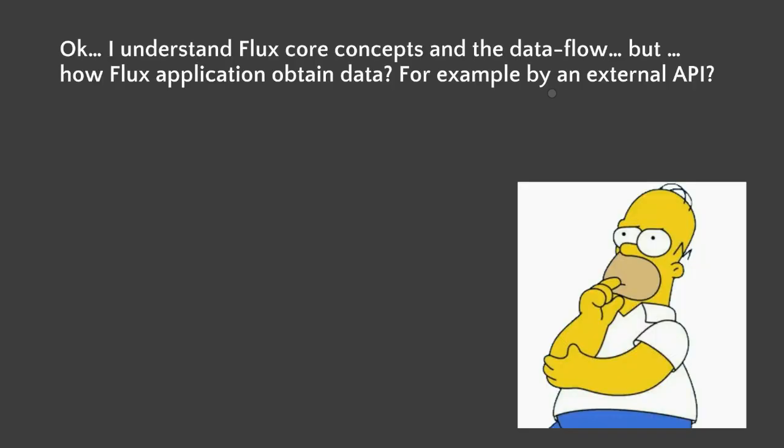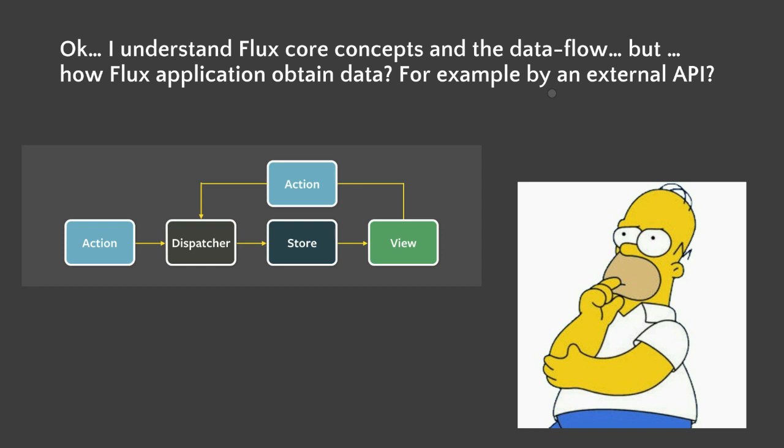Okay, for example, this could be a question that you have in your mind. You understand the Flux core concept and the data flow, but how does a Flux application obtain data, for example, from an external API? Because in this diagram it is not very clear. I suppose when I first approached this architecture, I had the same question.